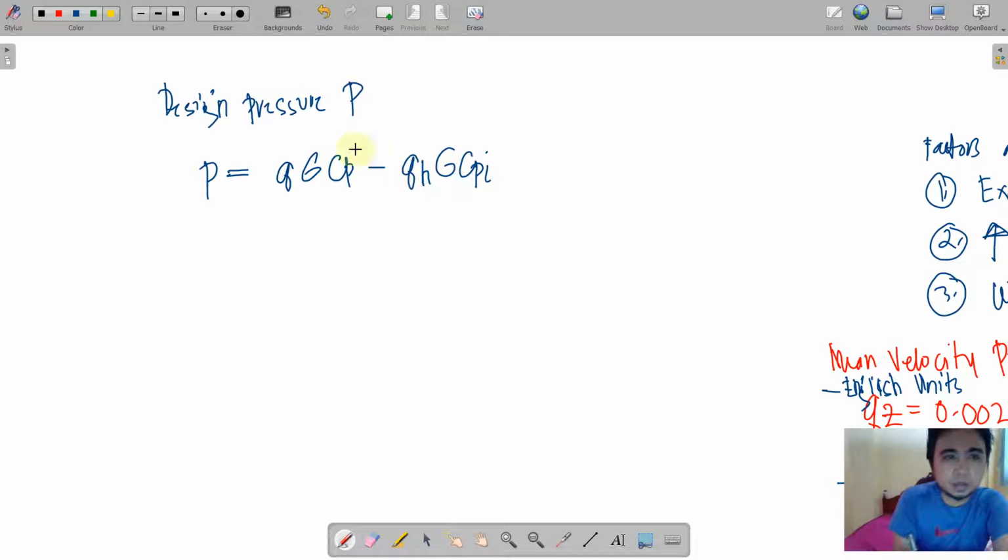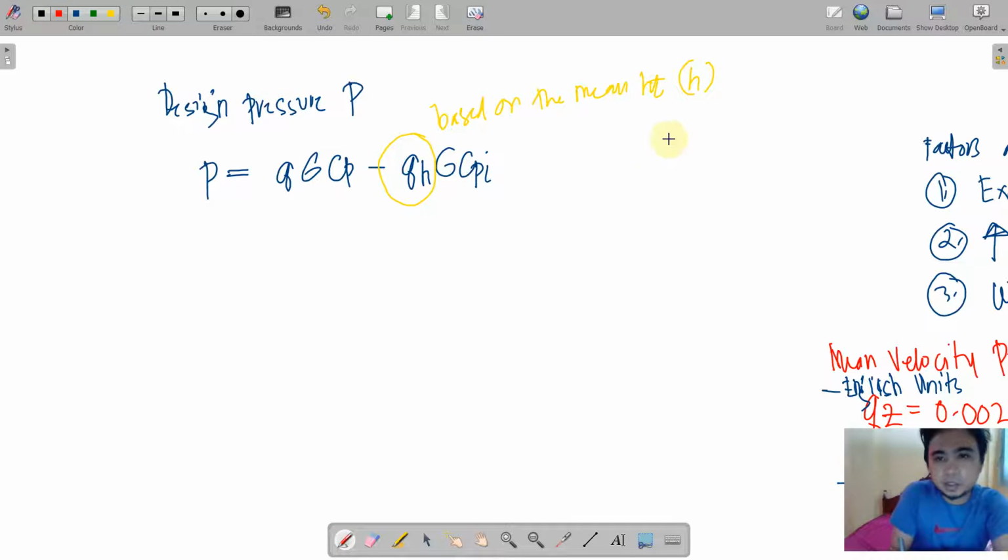Itong QH dito is computed based on the mean height. Ano ba yung mean height? H. Okay.